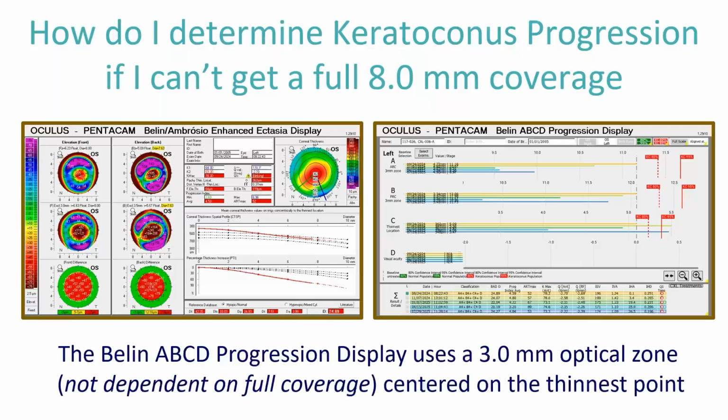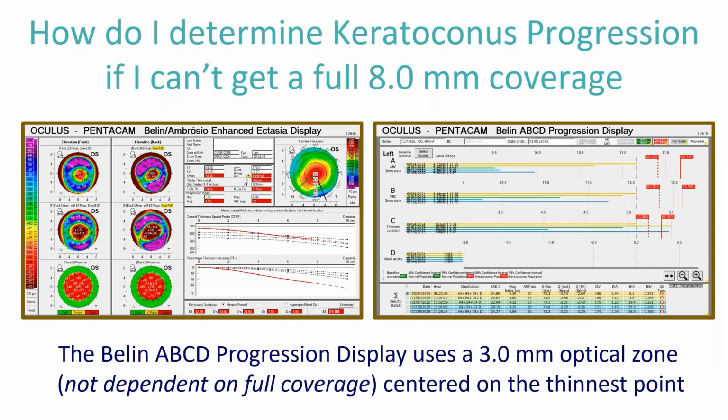progression display. The progression display, as opposed to requiring 8 millimeters of coverage, uses a 3 millimeter optical zone centered on the thinnest point. It looks at the anterior corneal surface, the anterior radius of curvature, taken from a 3 millimeter zone at the thinnest point.